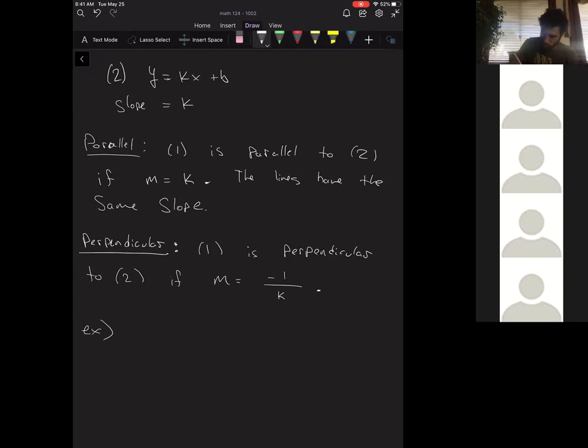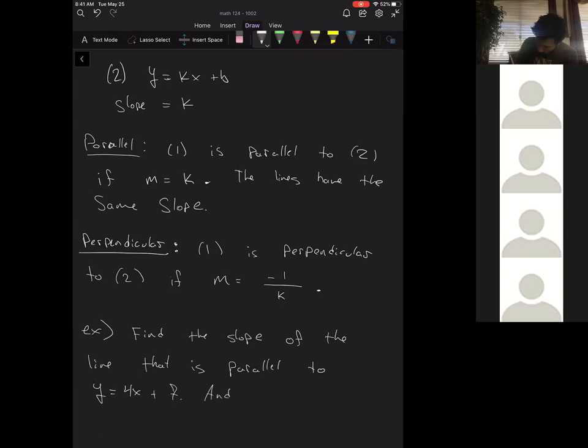So for example, let's say, find the slope of the line that is parallel to y is equal to 4x plus 7.